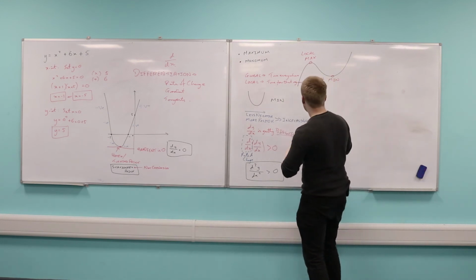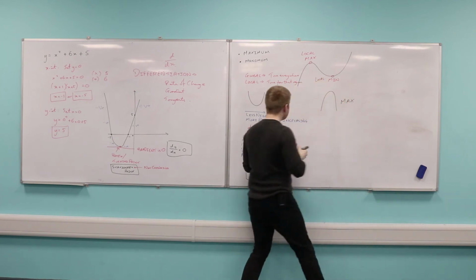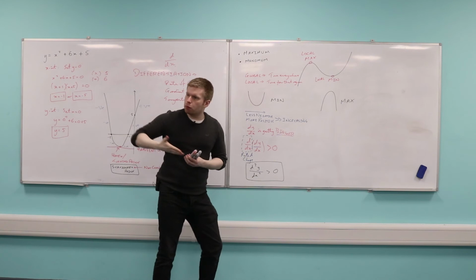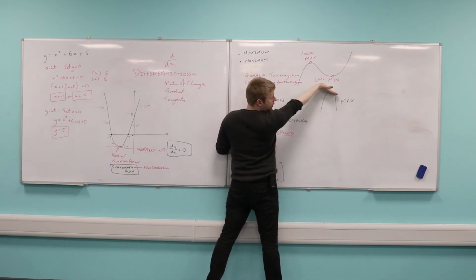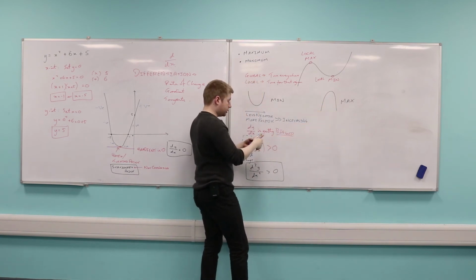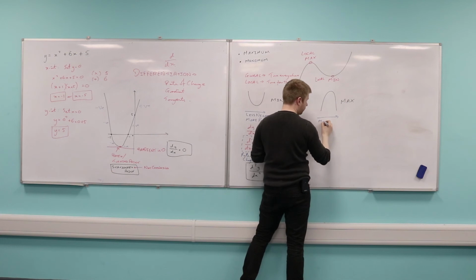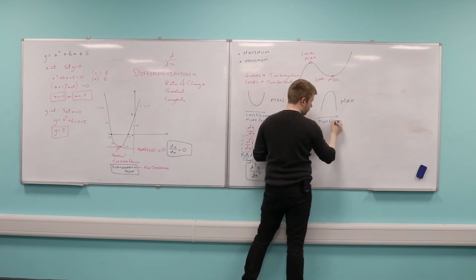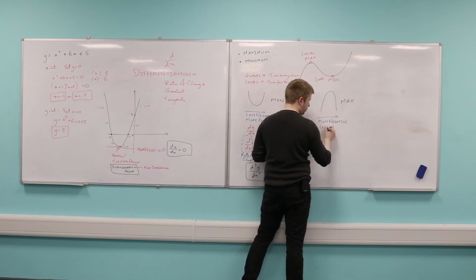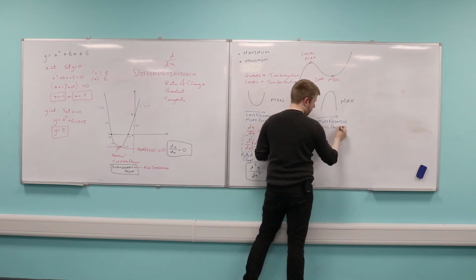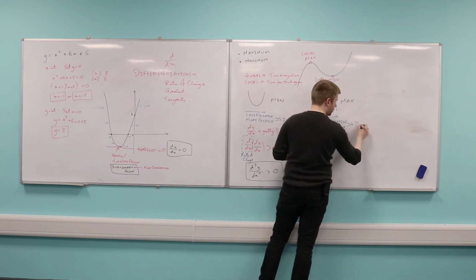So if I draw a maximum on, could be local, could be global, doesn't matter. There's a maximum. Would you be happy now as I move from left to right? What's happening to my gradient? Decreasing. Yeah. So as I move from left to right, it's getting more negative or less positive, doesn't matter which way you look at it. Basically it sums up to be decreasing.